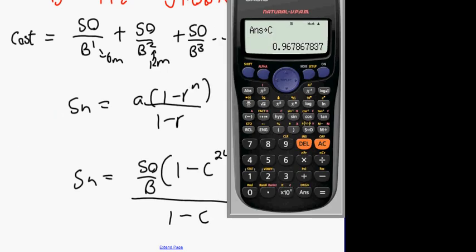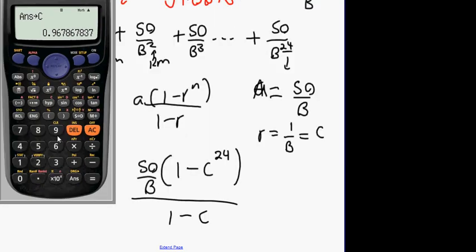We put that into the calculator: 50 over b, bracket 1 minus c to the power 24, all over 1 minus c, and that will get you 818.32.